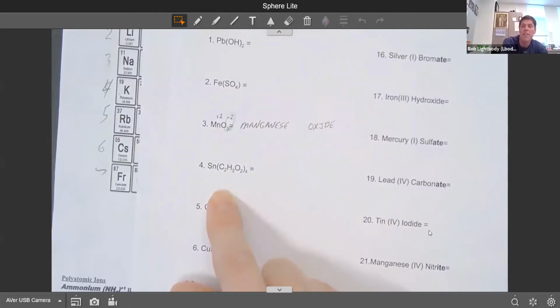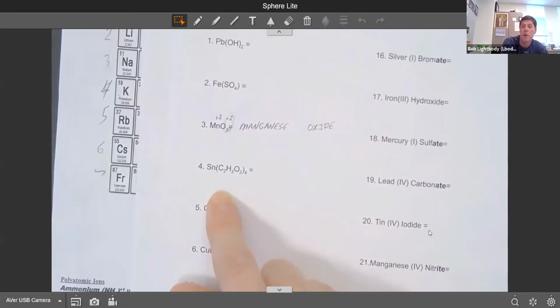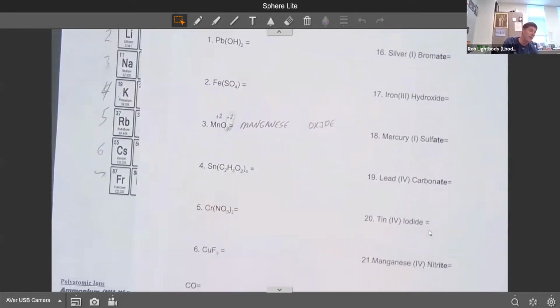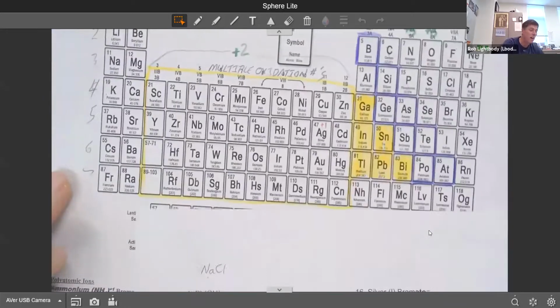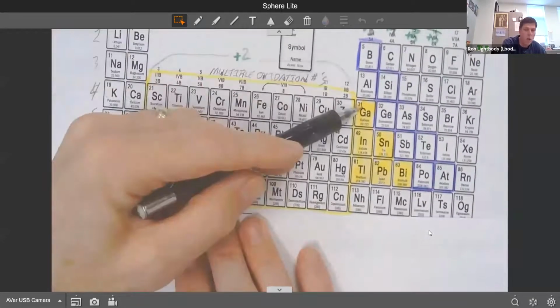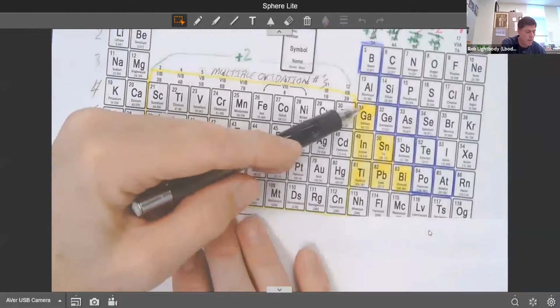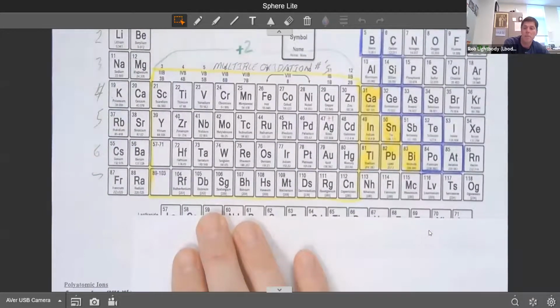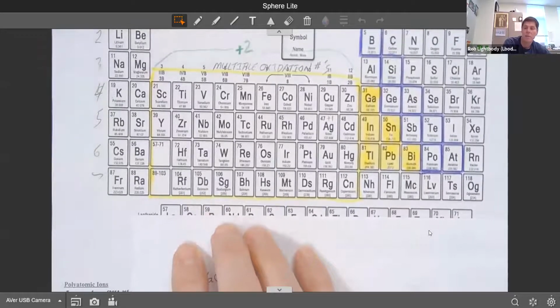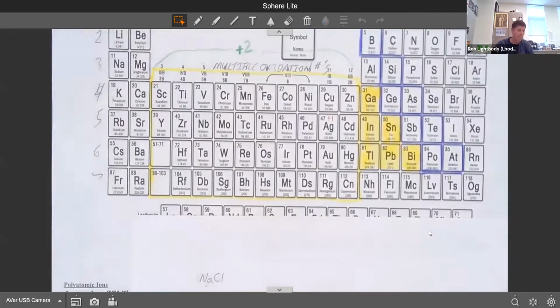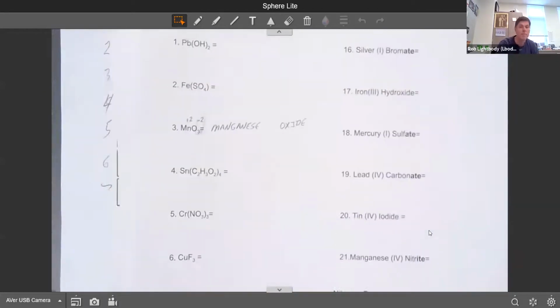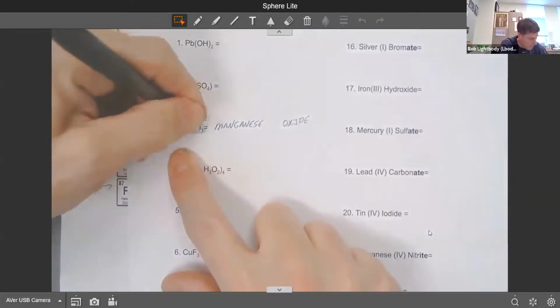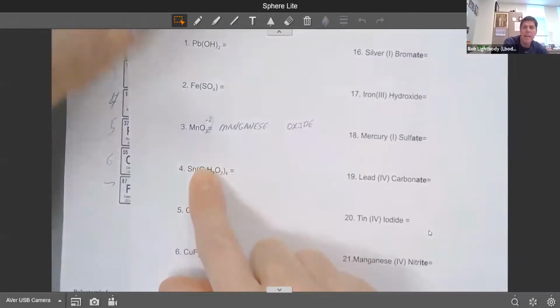There's different things it can do on that stability pyramid. We talked about that. And on that, all of these guys here, and then all of the Ds have different options. I'm showing you how to figure it out in a formula. Later on, I'm going to show you how to do it in the name. So this is what we do. I'm going to start off without putting any charge up for the metal.